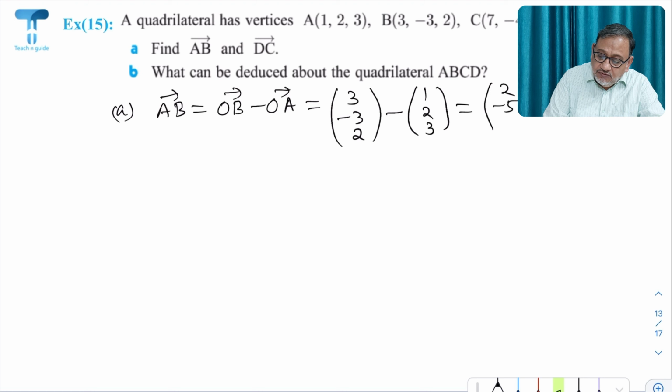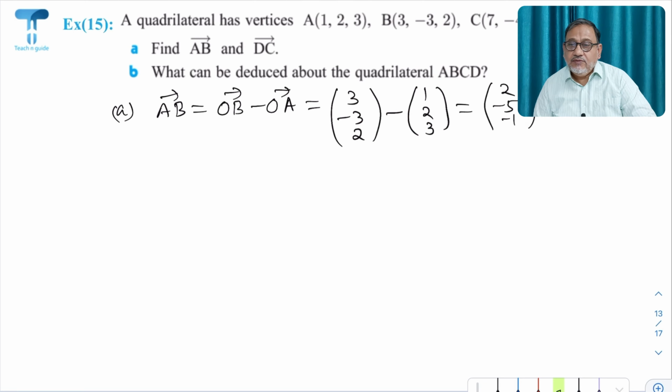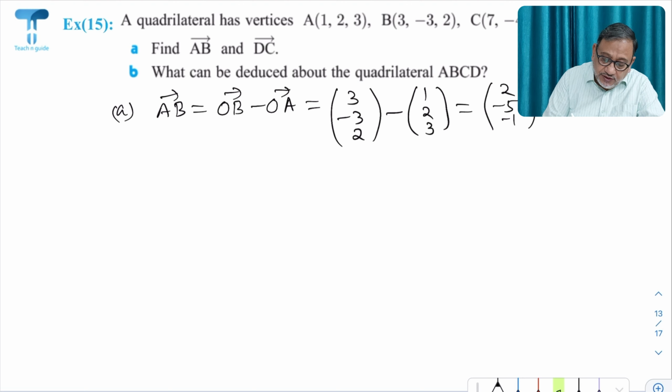So look here, 3 minus 1 is 2, then -3 minus 2 is -5, and 2 minus 3 will be -1. Okay, so (2, -5, -1) is AB, and DC also I have to find, vector DC.